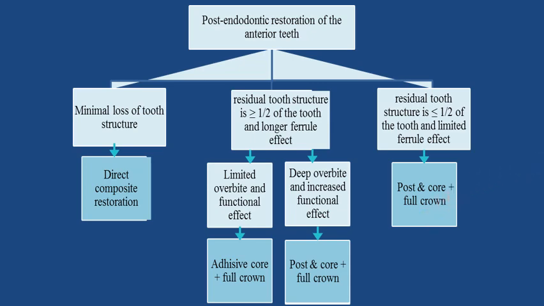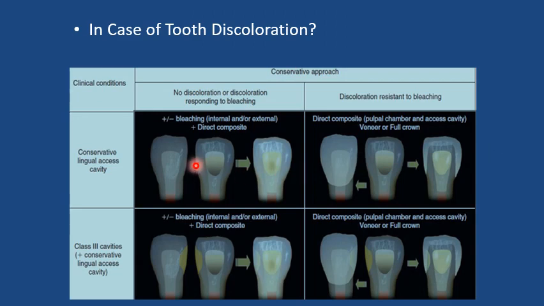This is example for the cases with minimal loss of tooth structure, where just the access opening or with or without class 3. In these cases, we just restore the access opening with the class 3 with composite restoration.